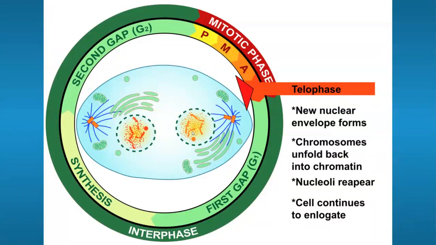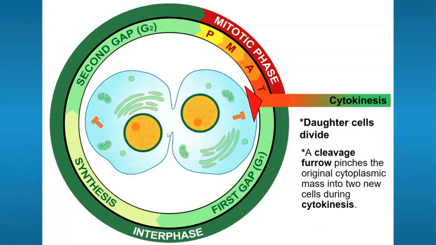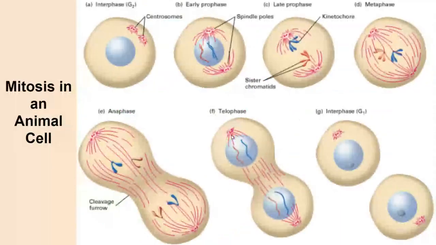And the nucleolus will reappear, and the cell will continue to elongate and even pinch into something called a cleavage furrow. As it continues to pinch, this is known as cytokinesis. Telophase and cytokinesis are going to finish up at about the same time, and we will end up with two genetically identical daughter cells.